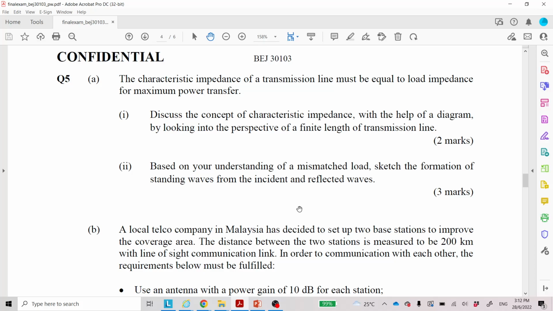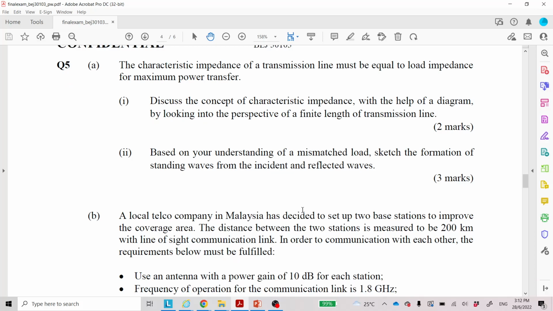So you need to sketch a standing wave which consists of the incident wave from the source to the load, and also the reflected wave from the load to the source, which combined together become a standing wave.